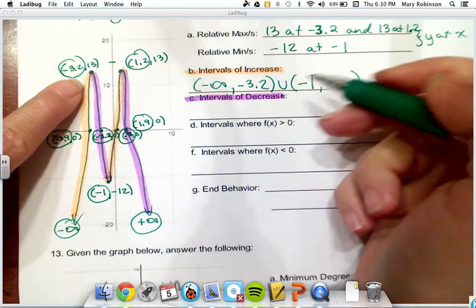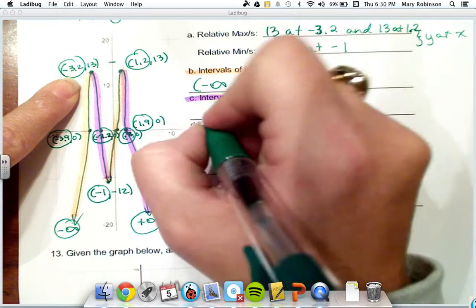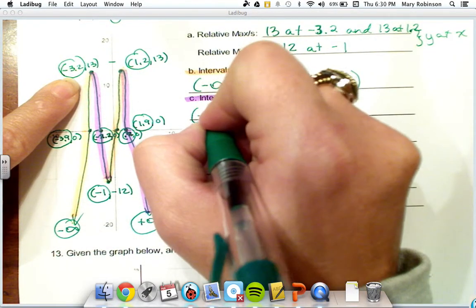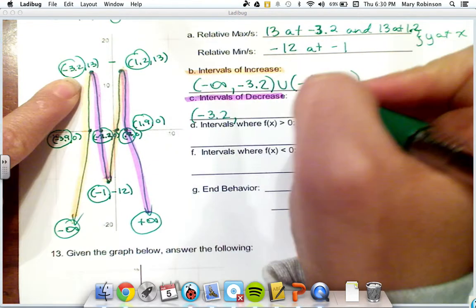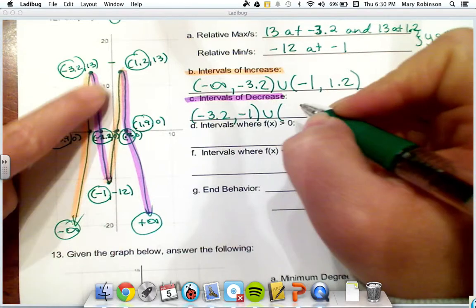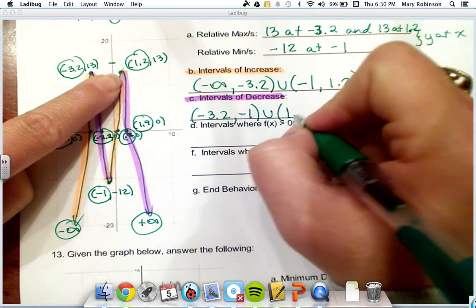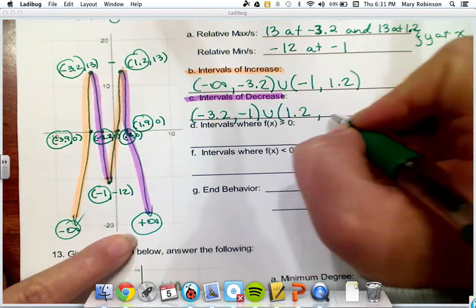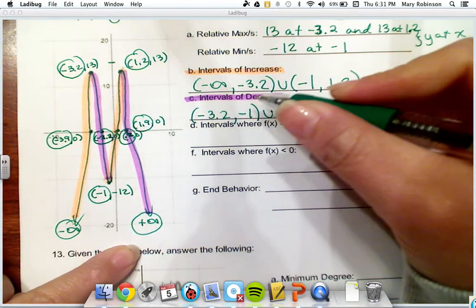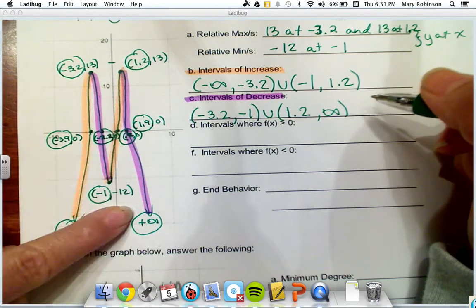So it decreases, looking at our x again, see how you can avoid using the wrong number when you circle them. Negative 3.2 to negative 1, union, and then it decreases again from 1.2 to infinity.